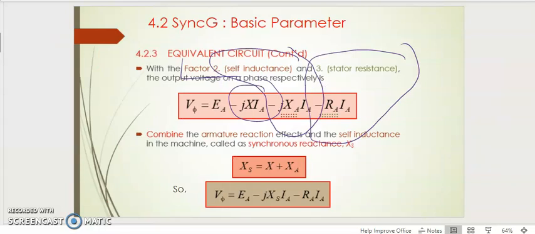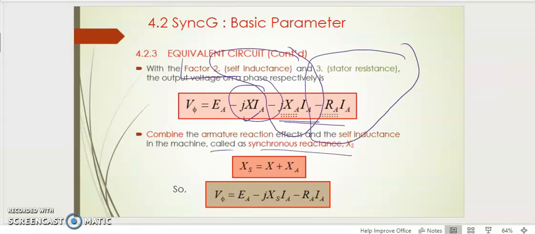So we combine the armature reaction effect and the self-inductance of the machine, and we call it the synchronous reactance, XS.